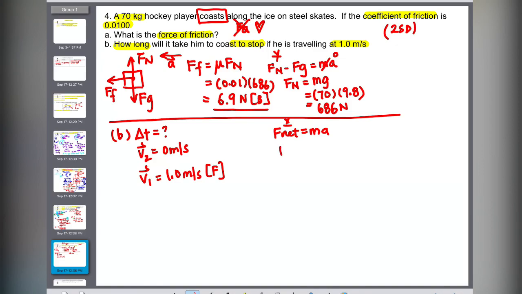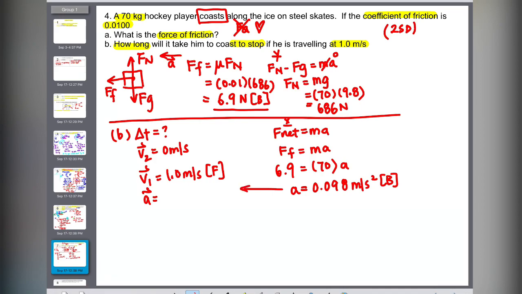The net force along the x direction is only Ff. Ff is the only net force. It equals ma, and I know that Ff is 6.9. The mass is 70, so I have to divide both sides by 70. I'm actually using 6.86, whatever that was on my calculator, divided by 70, which is 0.0898 meters per second squared backwards. So that becomes part of my givens for this question. But be careful because everything is going forward. I need to keep it consistent, so I'm going to make it a negative for backwards.